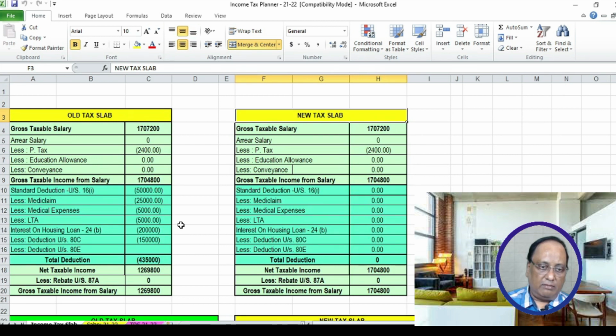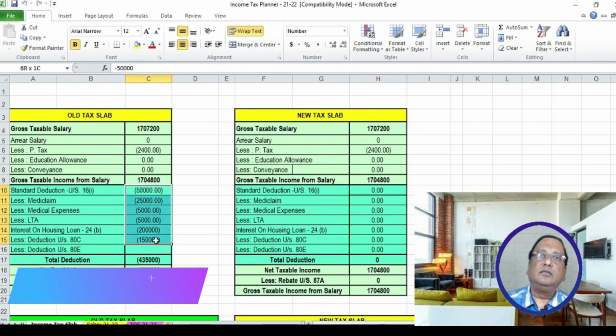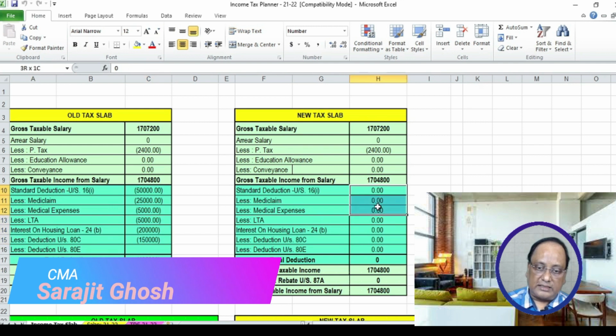Now I am coming to the tax slab rate which I started with in this video. So again you see your gross taxable income is 17,07,200. It is showing on both sides, your old tax rate as well as your new tax rate. Under the old tax rate you will get all these deductions, but under the new tax rate you are not getting any deductions.